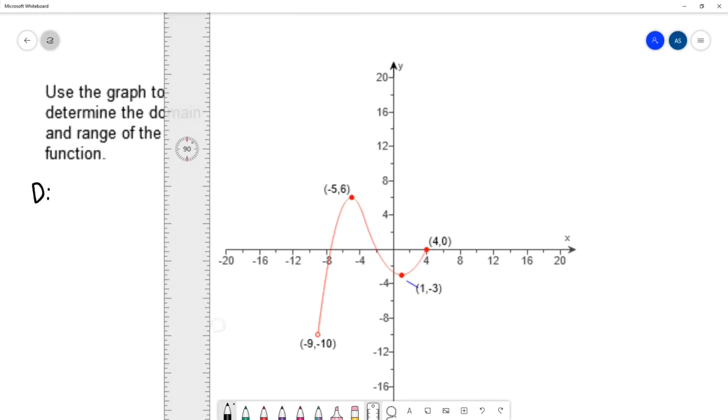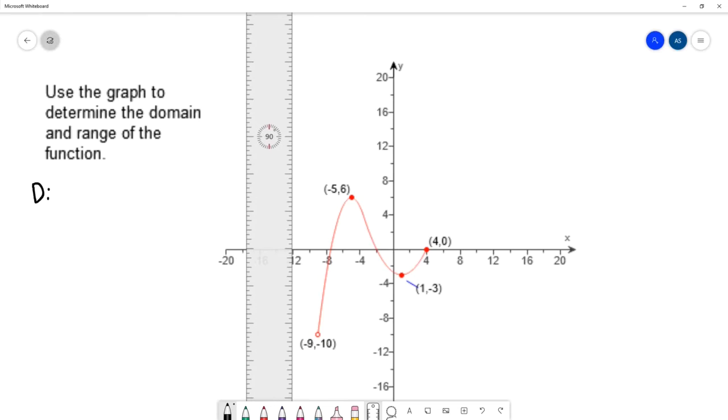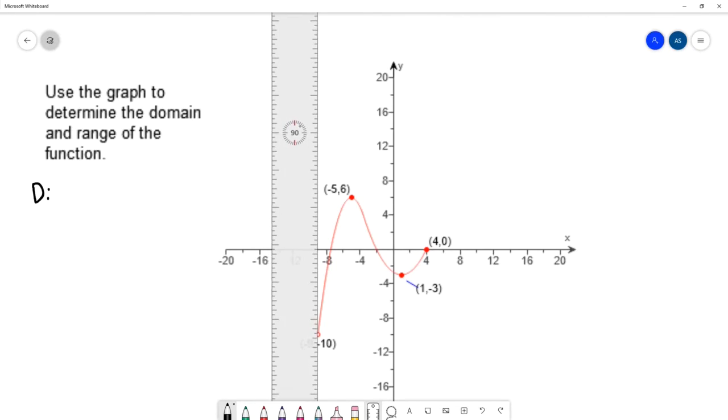So I'm starting on the left, and I'm going to figure out where my domain starts. I figure that out by when my ruler hits the graph the first time. So right here, my ruler is hitting this point right here. That point has an x value of -9, so that's when my domain will start.